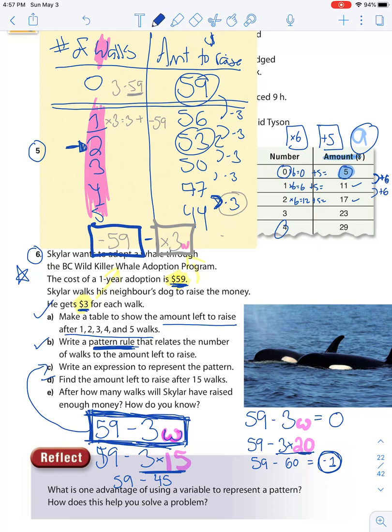So the answer is going to be 20, because if I did 19, it wouldn't be enough, right? 3 times 19 is 57. 59 minus 57 is 2. So I still have $2 left to raise, so that's not enough. So the answer should be 20.